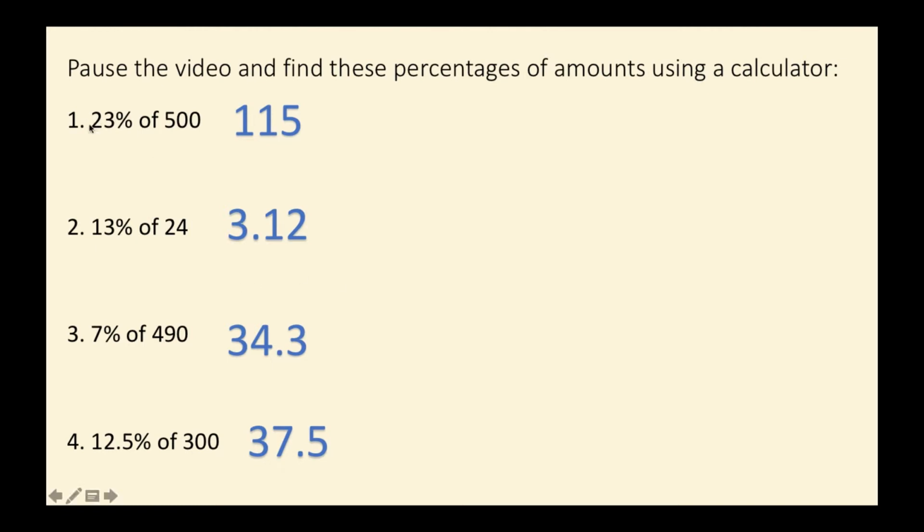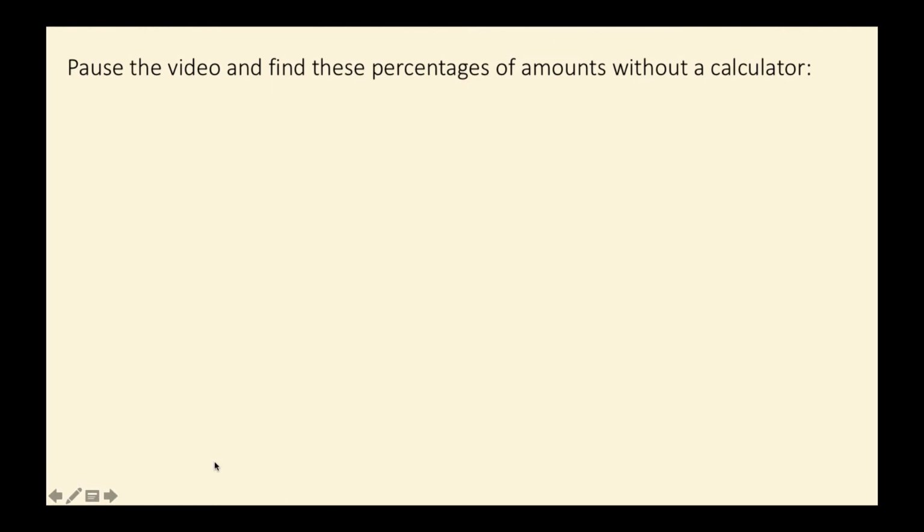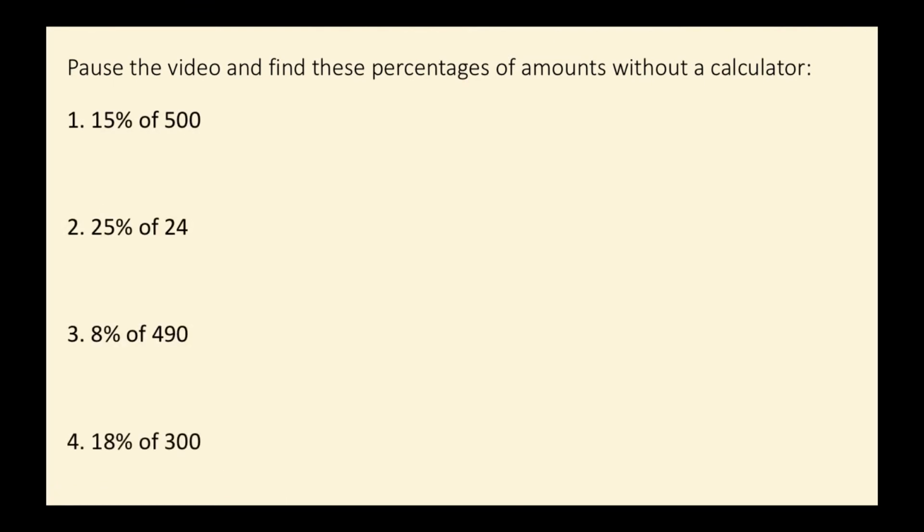This one you would have done 0.23 times 500, 0.13 times 24, 0.07 times 490 and 0.125 times 300. So pause the video again and have a go at these 4 without a calculator.